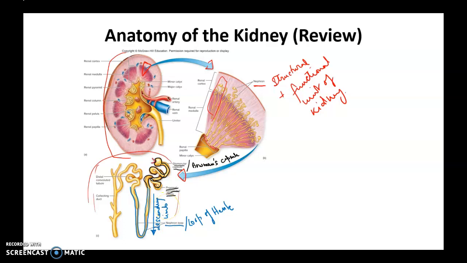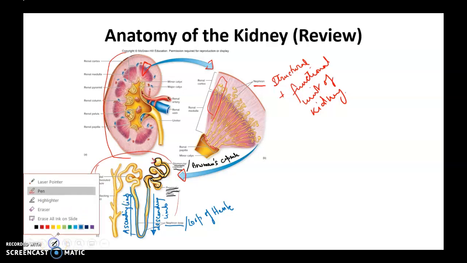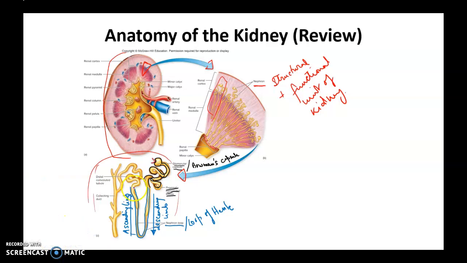And the part that comes back up, this way, is called the ascending limb of the loop of Henle. This then leads to another coiled portion, if you notice this part, and this is called the distal convoluted tubule. It's called distal because this is further away from the Bowman's capsule.